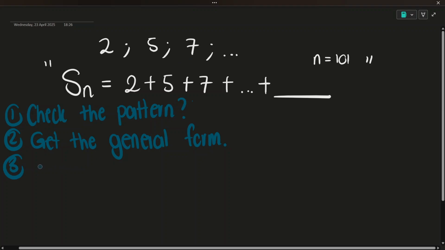And then the last step is to get the last term, if it's there. 99% of the time, it is there. So we are going to follow those steps: check the pattern, get the general form, get the last term, right?